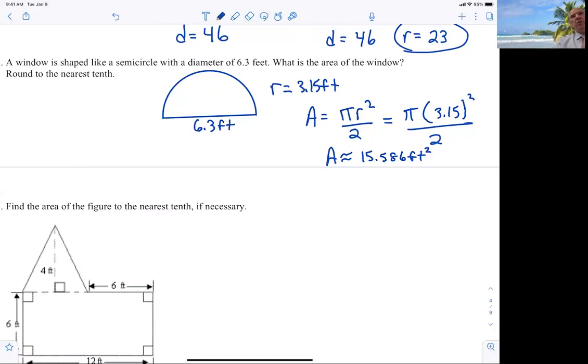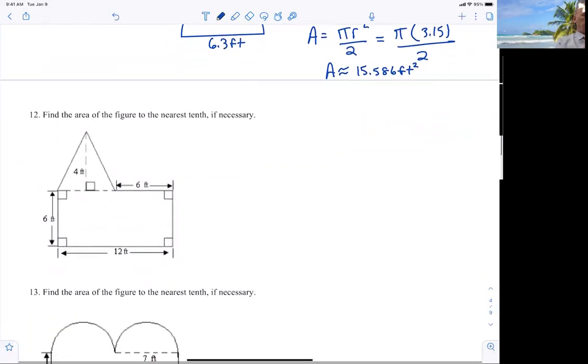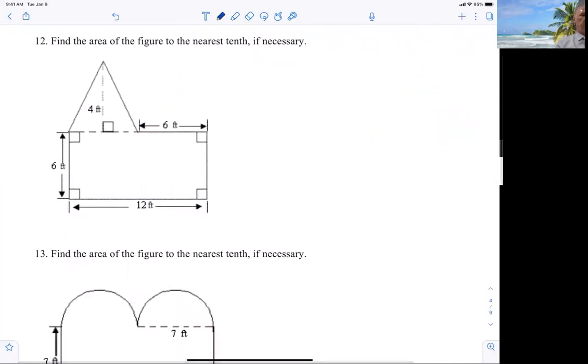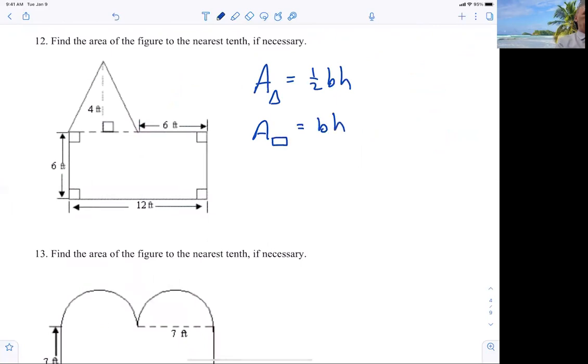All right, Ashley, you tell me about number 12. I need to find the area. What two shapes do we see? So what's the formula for area of a triangle? And what's the other shape called? Yes. All right, that wasn't bad. So here we go.